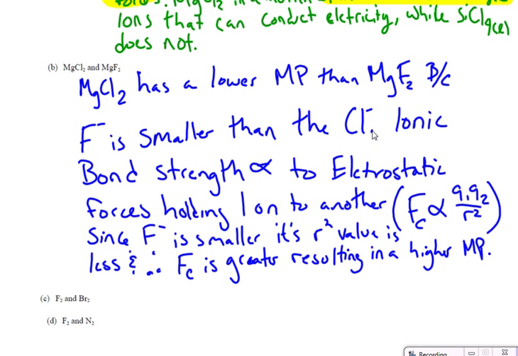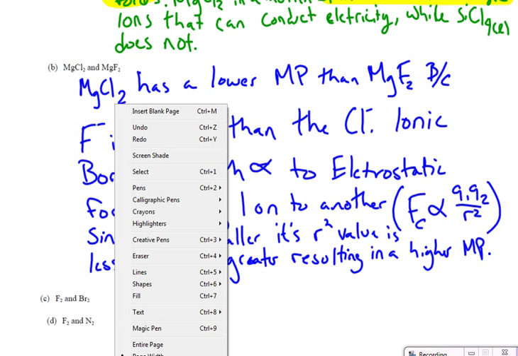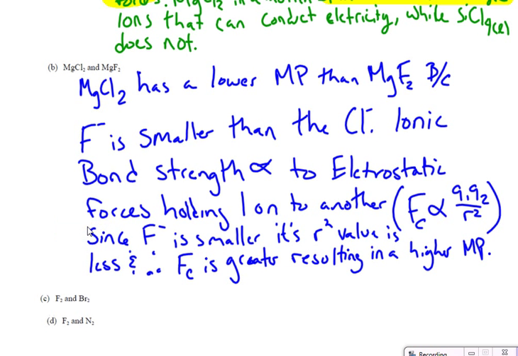Whew. This question was worth 2 points. You got 1 point for pointing out that fluorine is smaller than chlorine. Fluoride is smaller than chloride.